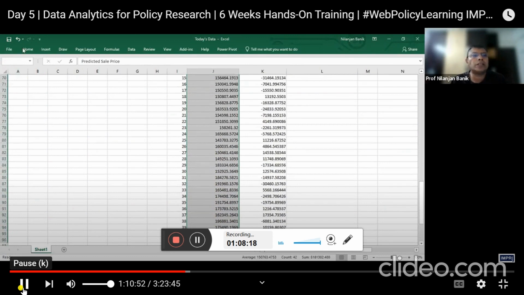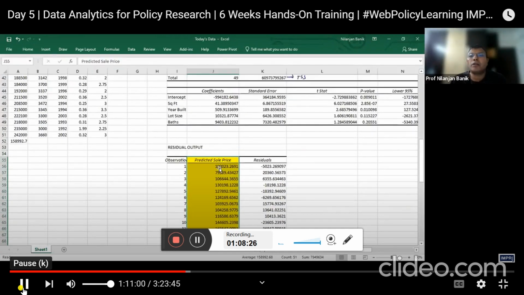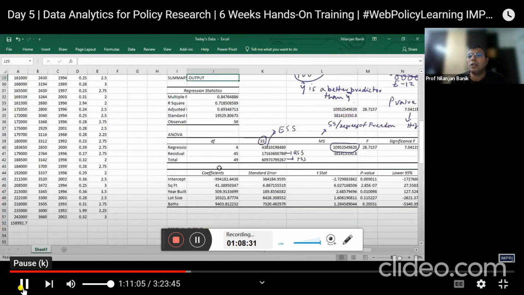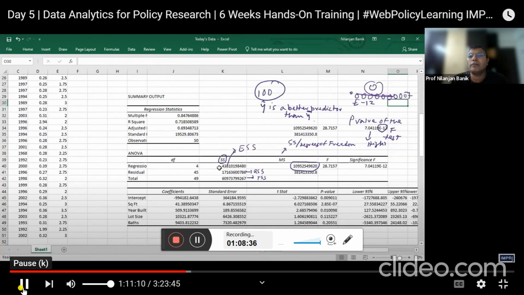If someone asks you what's the prediction, that is my forecasted value. And what the F test is saying is that out of 100 times, in all the cases, my predicted value is doing a better job than Y bar. When I say it's doing a better job, that means if I'm considering Y bar, I'm going to get less error. So that's what is meant by a better job.